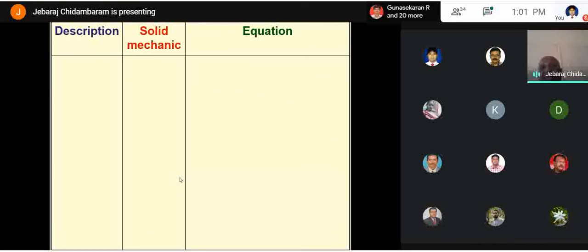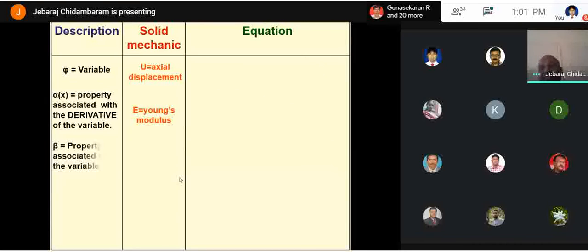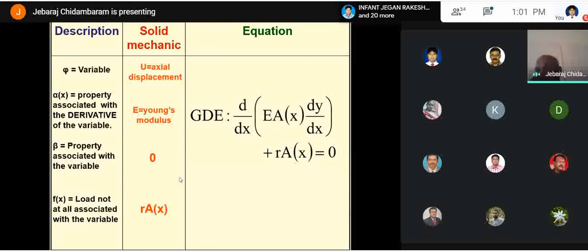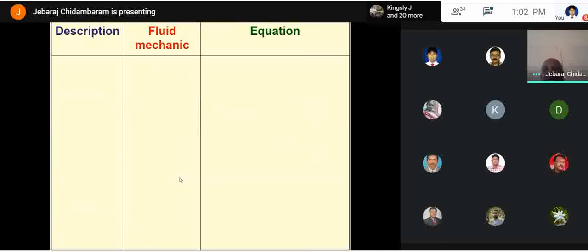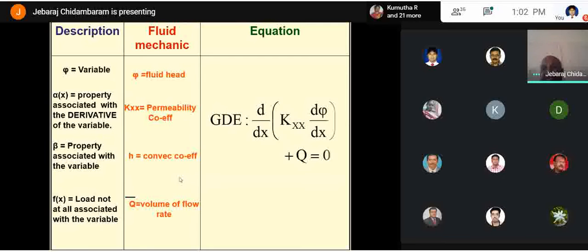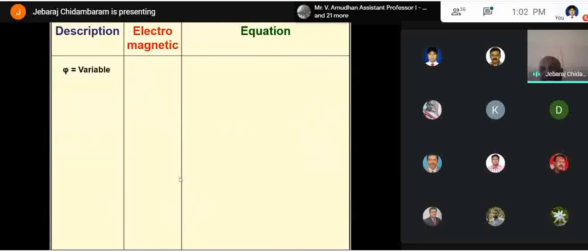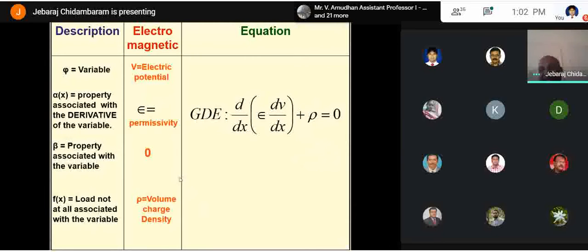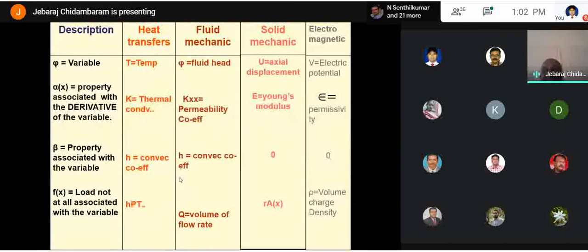And next is the solid mechanics problem, which we did: d by dx of Ex dy by dx, gamma x equal to 0. I want you to look at the fluid mechanics equation. I want you to look at the electromagnetic equation. Now, this is in general.